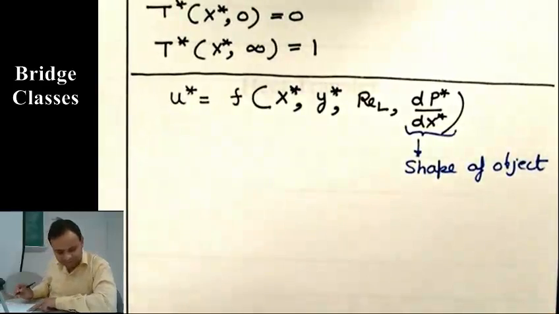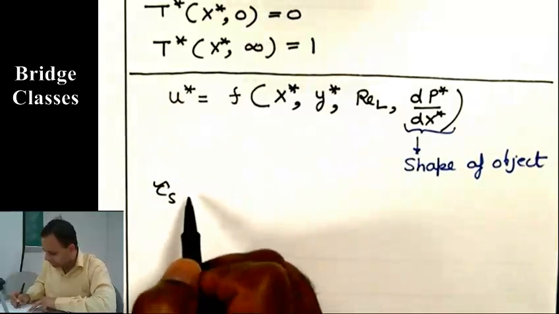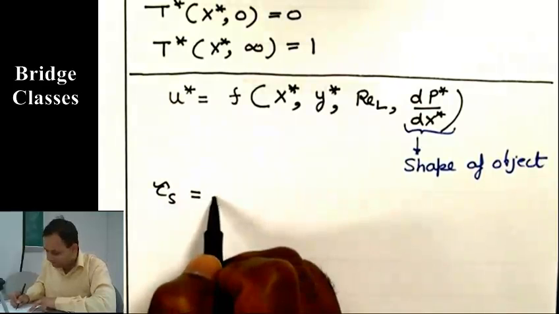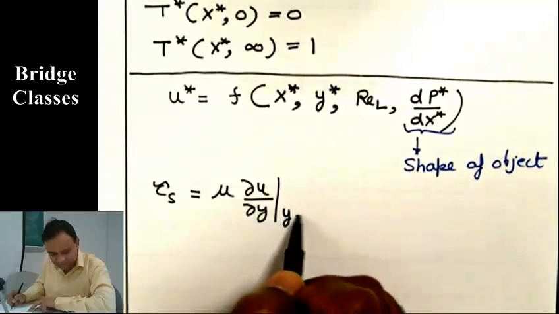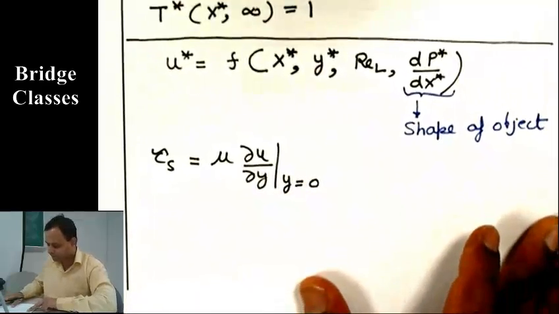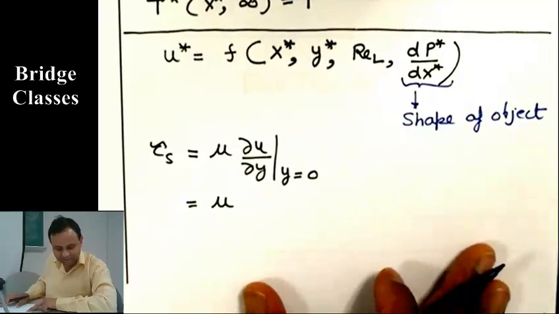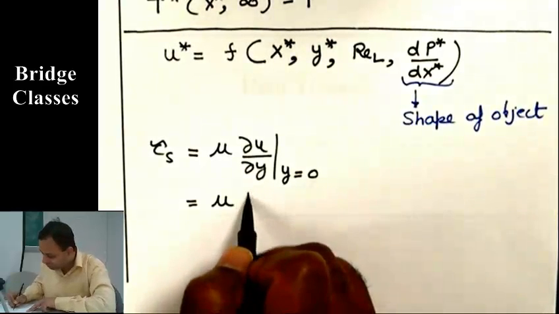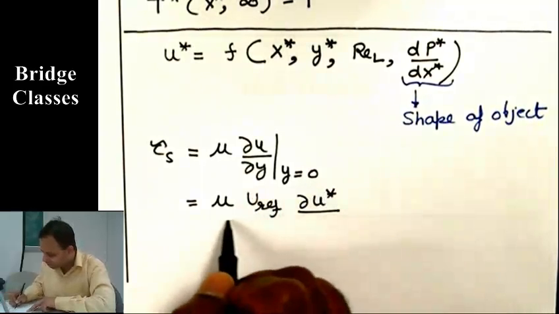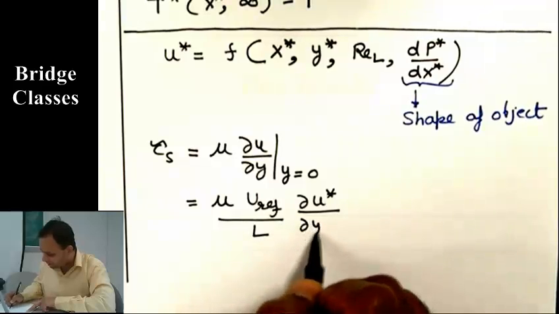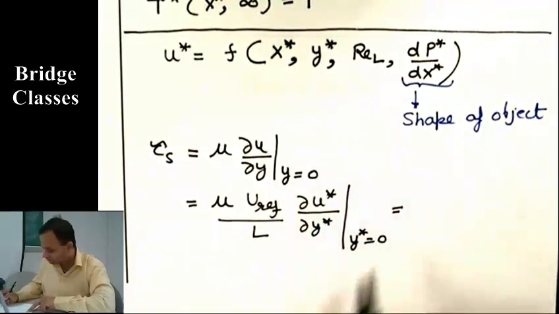Okay. Now based on this we can write, see, tau s, this is the shear at the wall, which is given as mu del u del y at y equals 0. So this becomes mu, in terms of u star and y star, mu u ref del u star over L times del y star at y star equals 0.